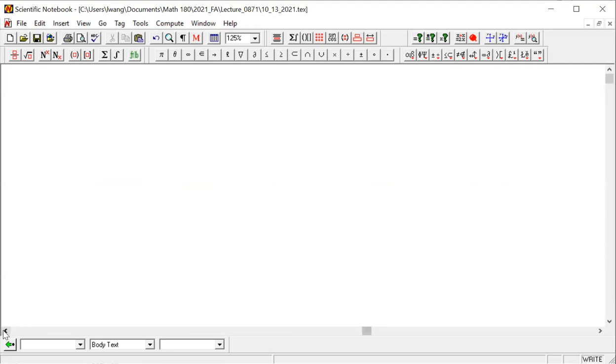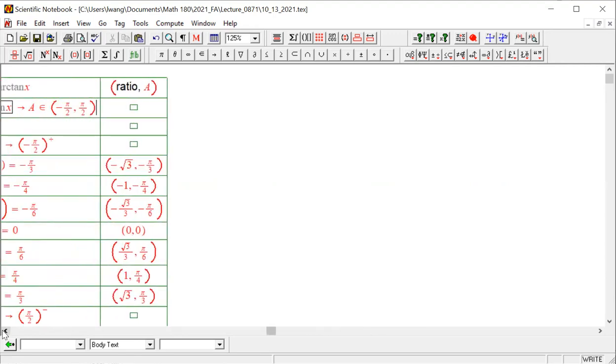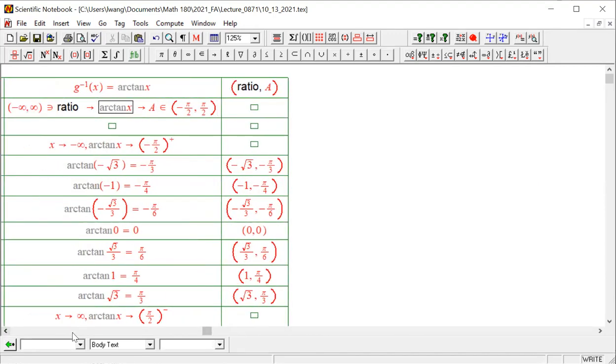With that domain and range, if you can refrain from plugging arctangent in your calculator, can you draw a picture for yourself? Can you draw a box for this description? Input, output.